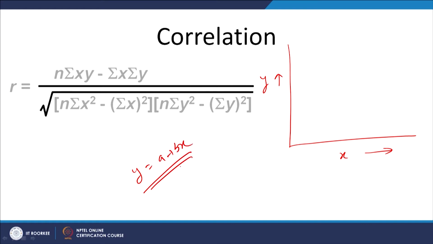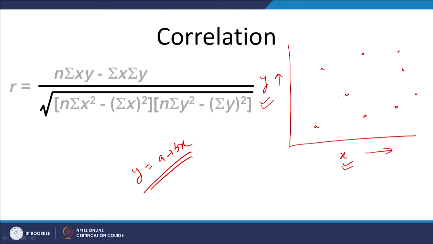But if we do not have a linear relationship, then how do we understand the way in which independent variable x is affecting the dependent variable y? Say there are various values lying here and there. So, how do we understand the way by which x is affecting y?